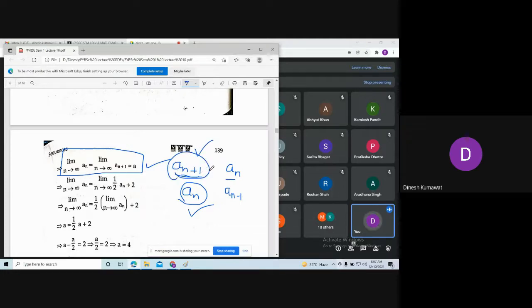But we already know that whenever the limit of the sequence exists, then it has to be unique. Both are nothing but the same, or this is just the next term of the sequence An. So whenever the limit of this sequence is some number, say a, then we conclude the limit of the sequence An is the same number a. That is the meaning of that statement.